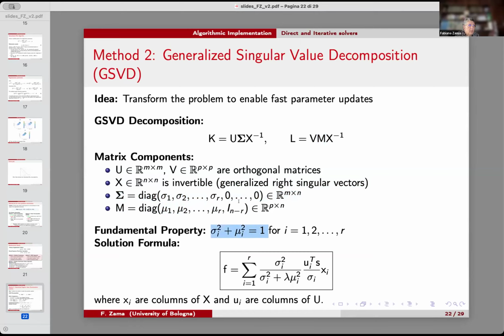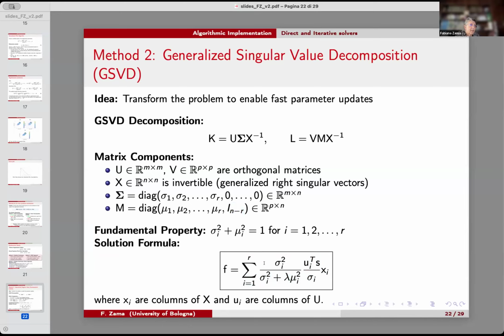And the shape of the solution is very similar to what we had in the singular value decomposition. It is a modification, it is a filter, because the second part is actually what we obtain from the singular value decomposition. These are the singular vectors xi, the columns, and this part is a filter factor.